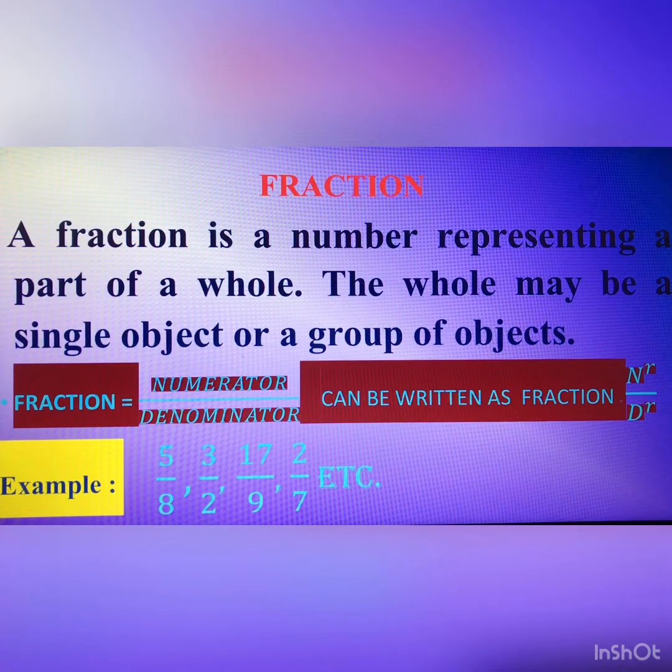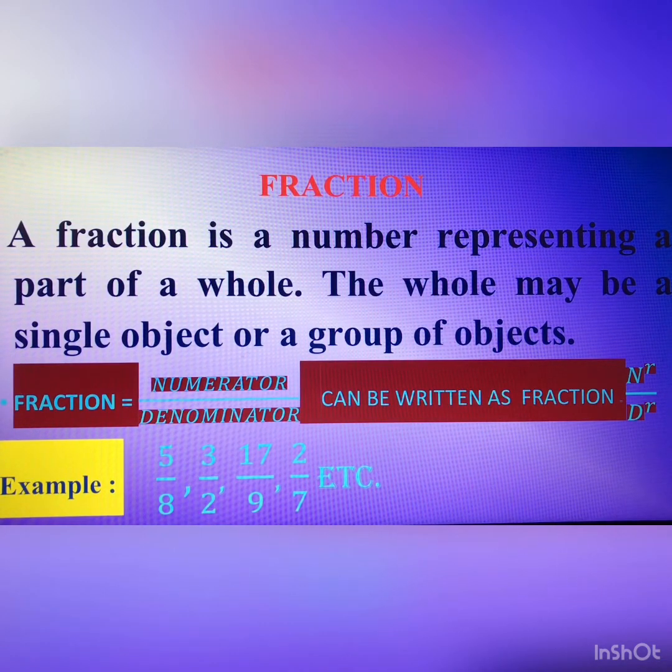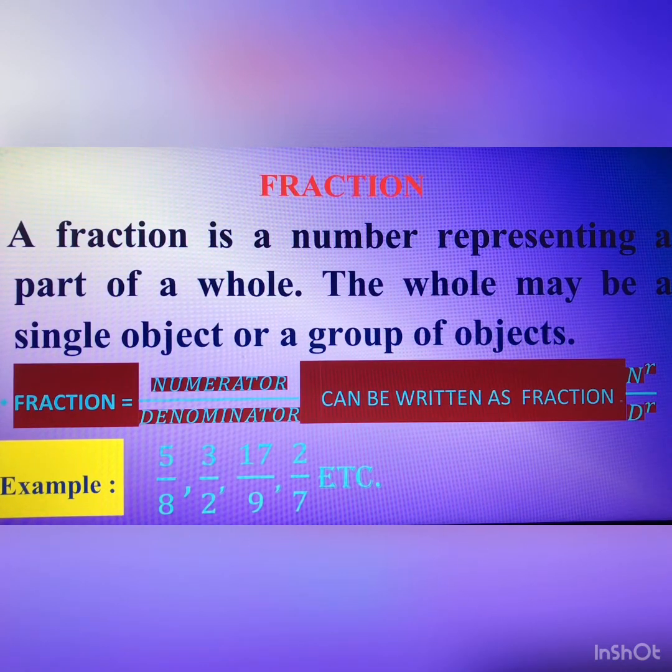What is the meaning of fraction? If we take a whole and take some part out of this whole, then that part is represented in the form of a fraction, and a fraction is denoted by numerator divided by denominator.